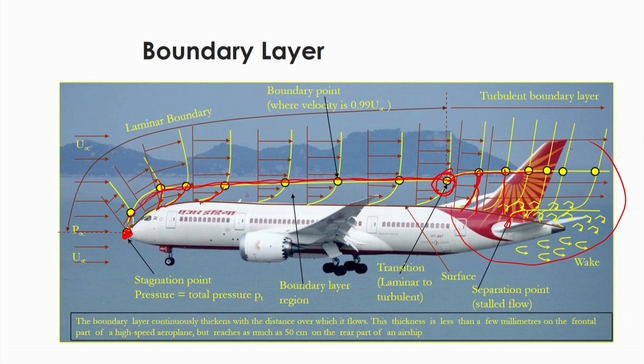In that case, the boundary layer continuously thickens with the distance over which it flows. This thickness will be less than a few millimeters on the frontal part of the high speed aeroplane, but it will reach as much as 50 centimeters on the rear part of the airplane. So, you have to remember this. This is called the boundary layer.